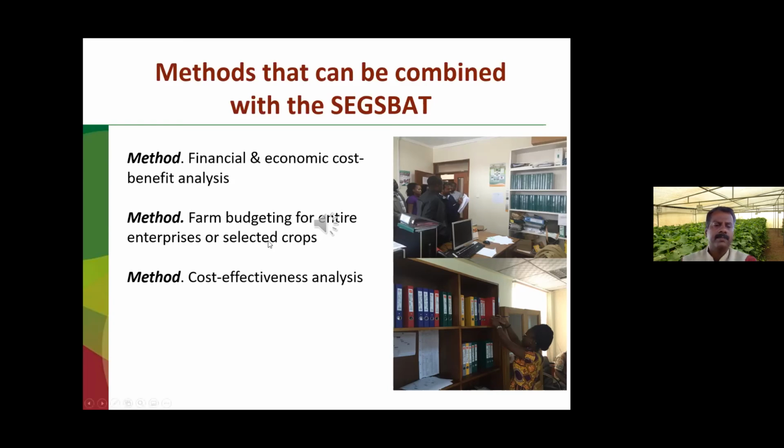The cost effectiveness analysis is also utilized during this process, because as I said in the beginning, we have estimated the cost of production at every stage. Stage 1 is focused on tissue culture plantlets, stage 2 is the hardening process, and stage 3 is pre-basic production. The cost of tissue culture plantlets acts as an input to the cost of hardening.